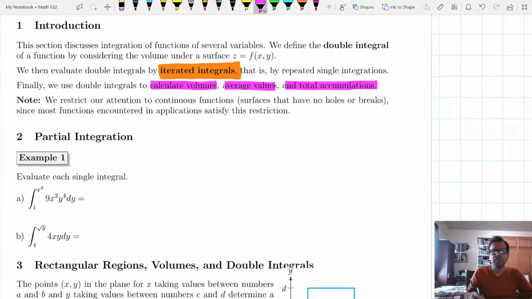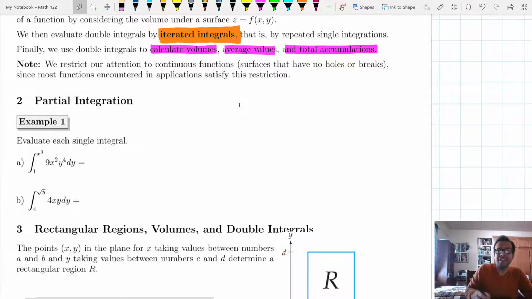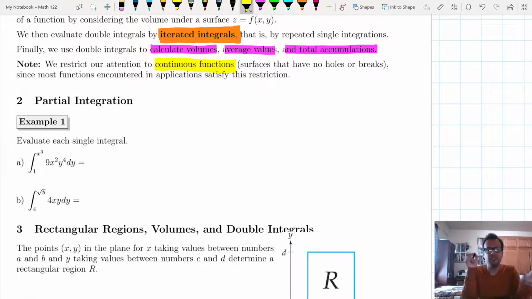As usual, we are going to consider continuous functions. Otherwise we would have to define certain functions as piecewise functions, and then the problems would turn into very, very huge problems, but that's not the scope of this course.